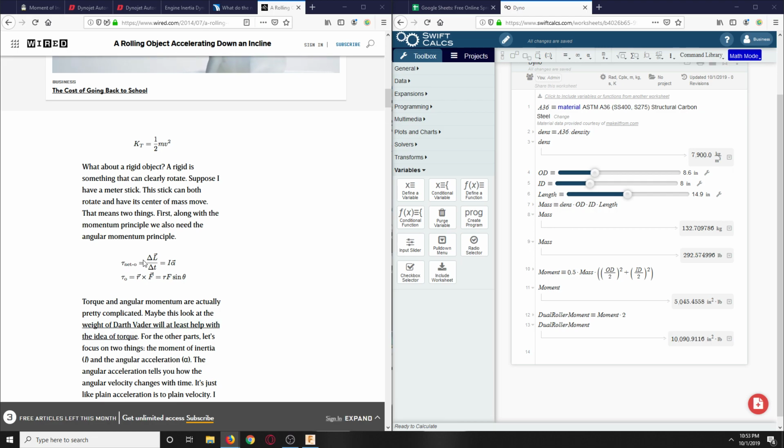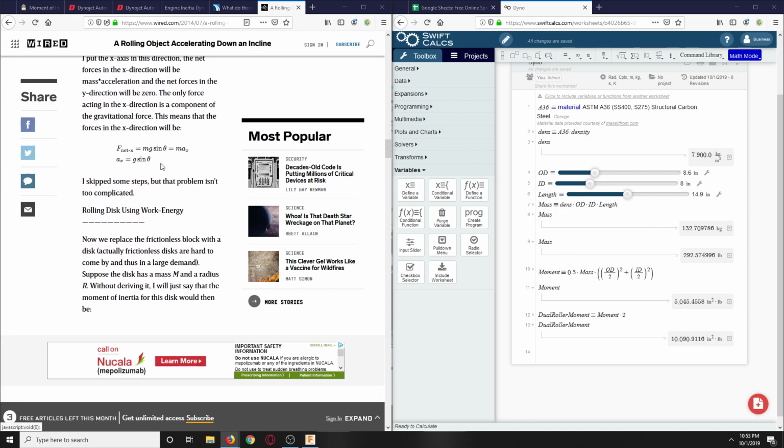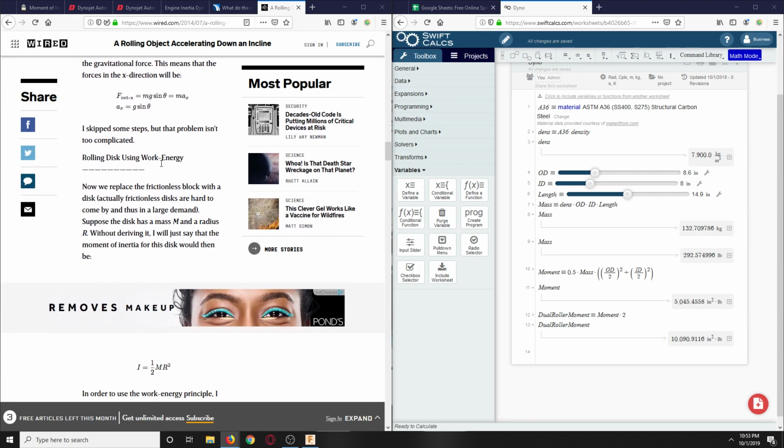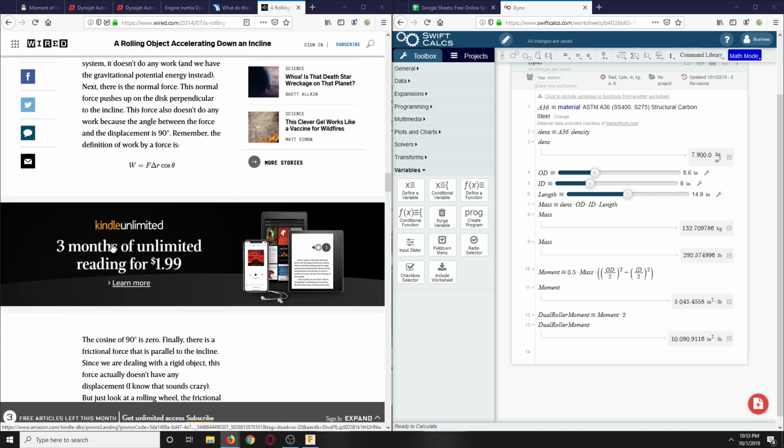So here is kind of the thing that we're looking at. Net torque is I times angular acceleration, a vector. Torque and angular momentum are actually pretty complicated. So that's basically I = 1/2 mr squared, which is for a cylinder.